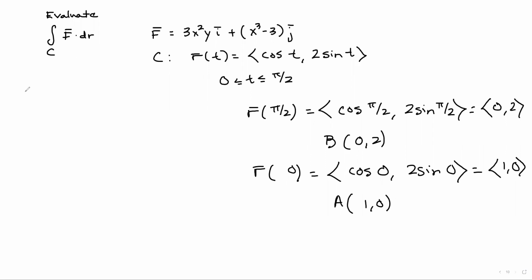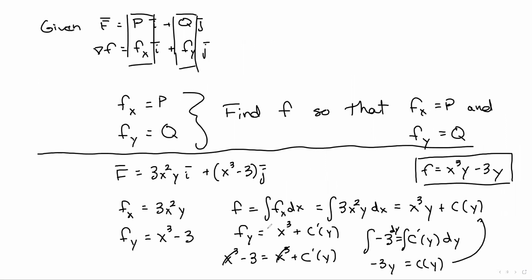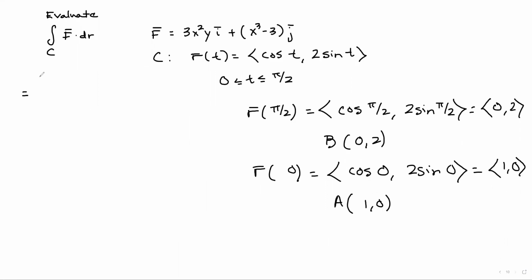Now we can actually evaluate this by using the previous result that we got. The previous result is that lowercase f here is our potential function, the function that we can take these endpoints and plug into. So this is going to equal lowercase f of 0, 2 minus lowercase f of 1, 0. And that lowercase f is what we just got, which I already forgot what it was.